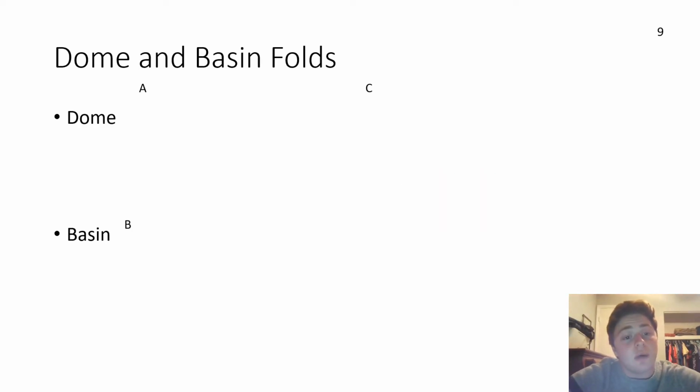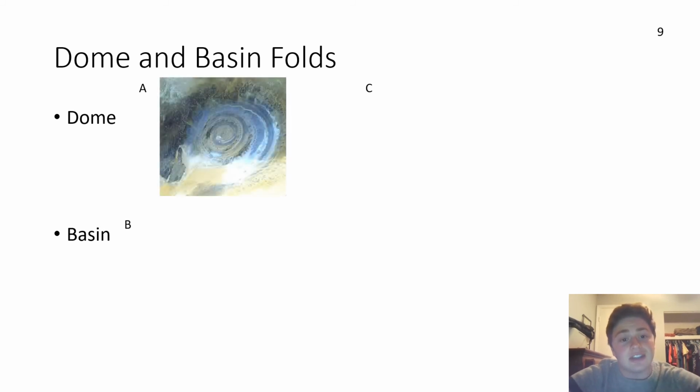A few other ways that you can classify folds are by whether or not they have a fold hinge, and then whether or not the fold goes up or down. A few folds that don't have a fold hinge would be the domes and the basins. A dome, as you can see, for example, is a type of formation where the rock gets pushed up and the strata all form upward like an anticline.